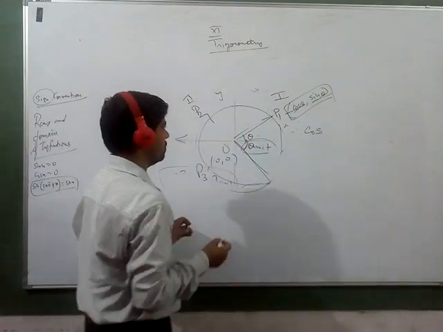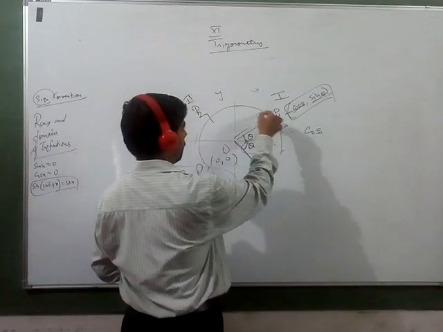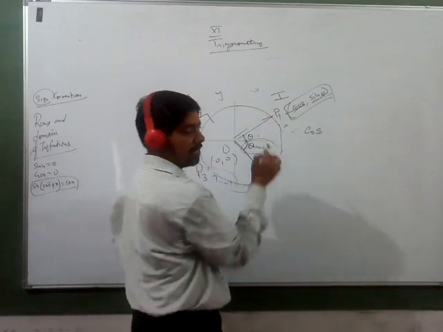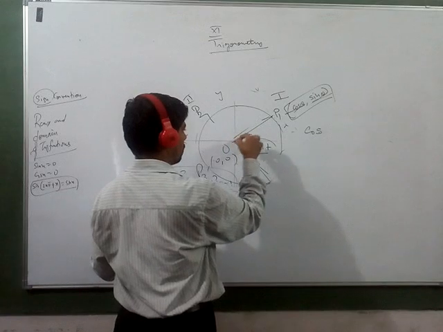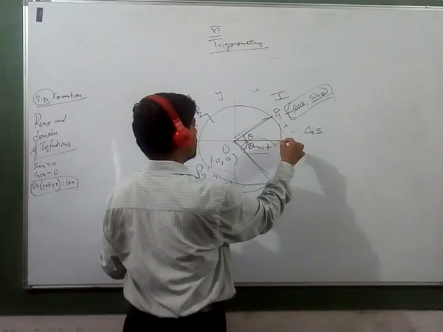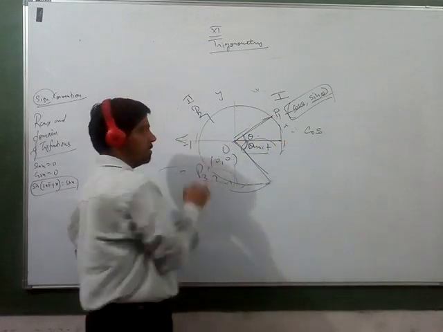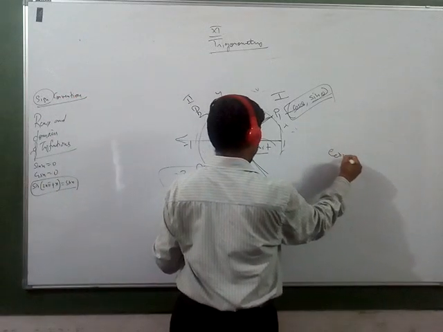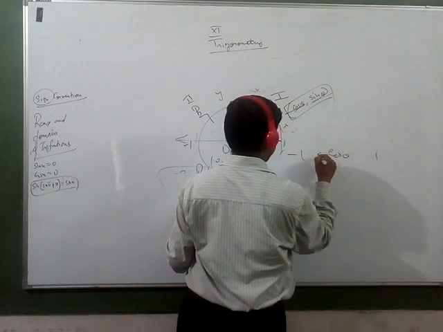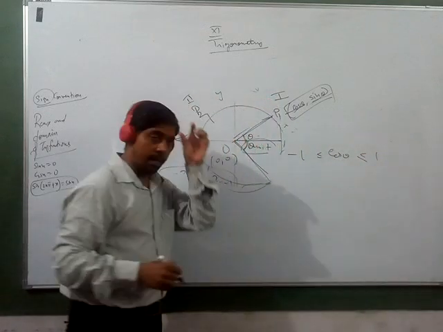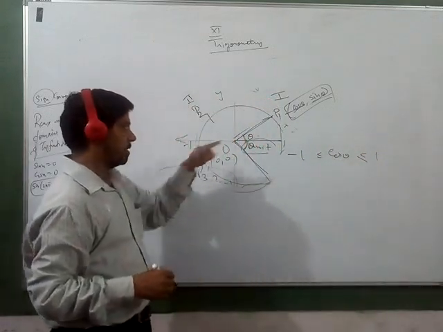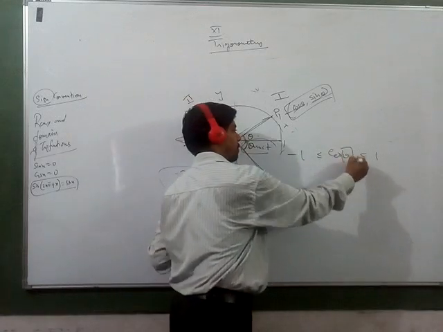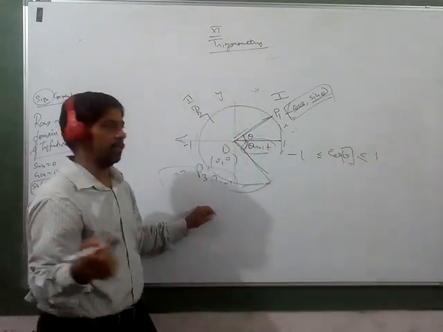Cos theta is the x coordinate of point P, whose maximum value is 1 and minimum value is minus 1. So cosine theta will lie between minus 1 and 1. That is the range of cosine theta. But theta can take any value. So that is the domain of cos theta.